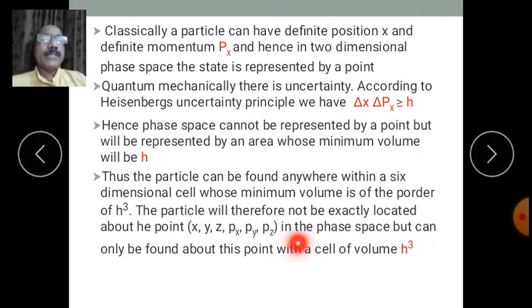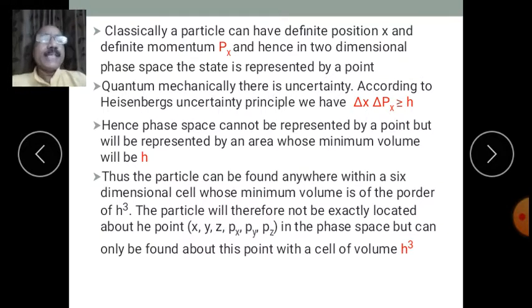So the particle will not be exactly located about the point x, y, z, px, py and pz in the phase space, but can only be found about this point within a cell of volume h cube. So this is the concept of phase space.